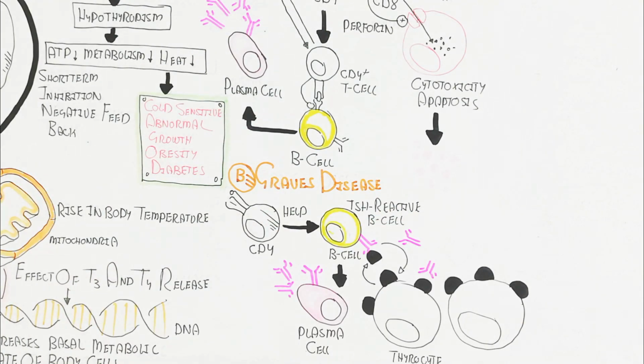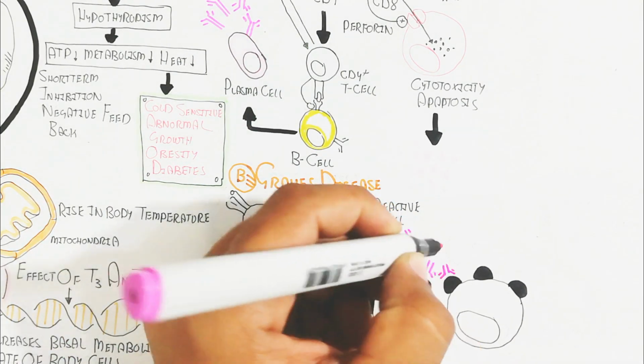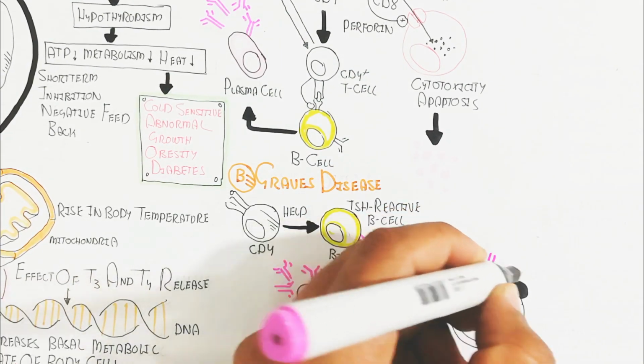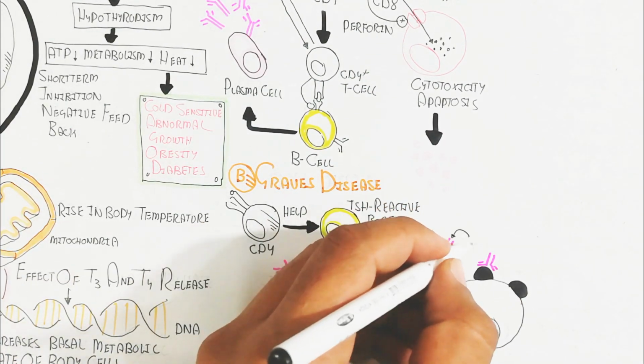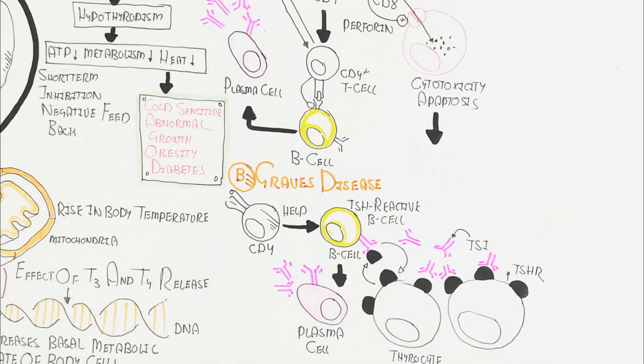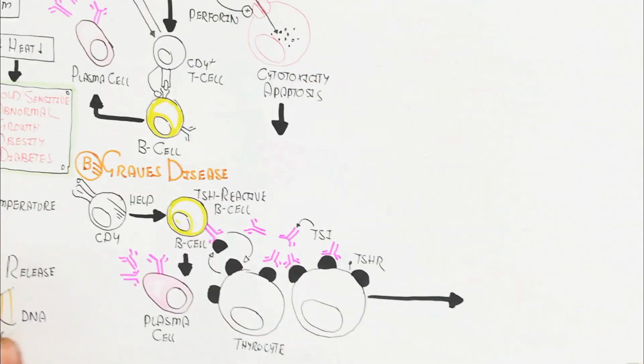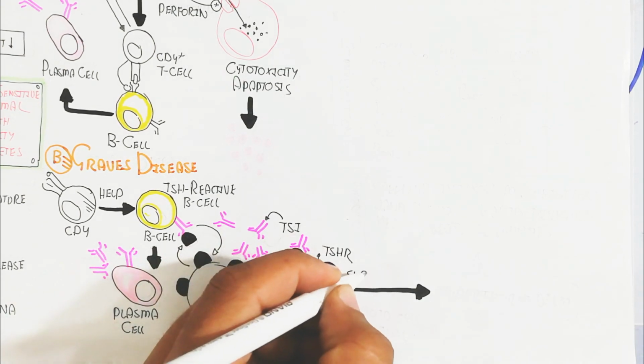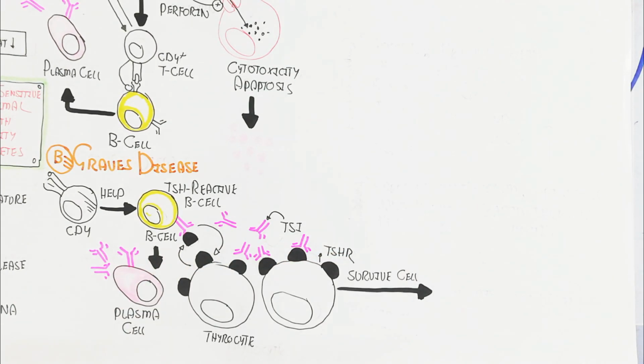In this way, the number of cells will increase, meaning T3 and T4 will increase, and a negative or positive feedback problem can occur. The uncontrolled production of T3 and T4 will lead to hyperthyroidism.